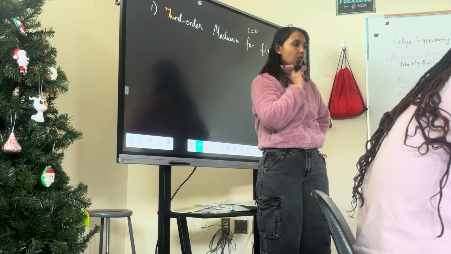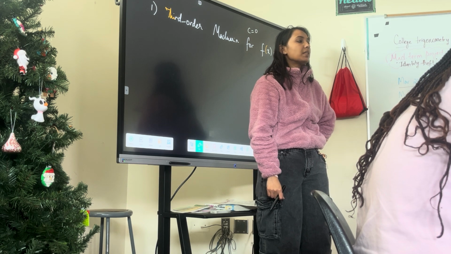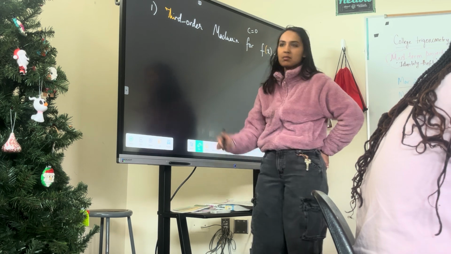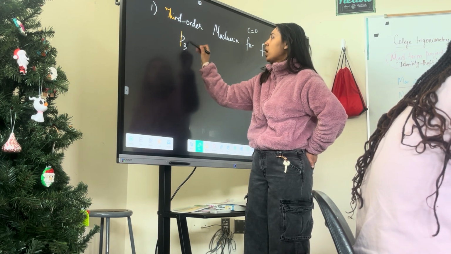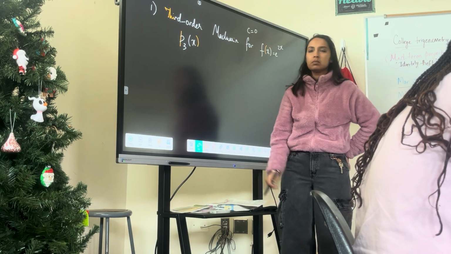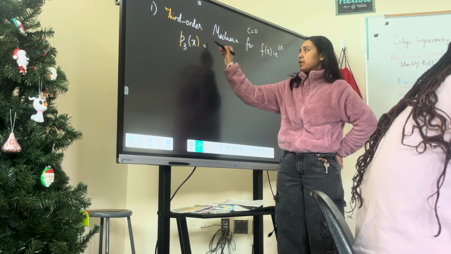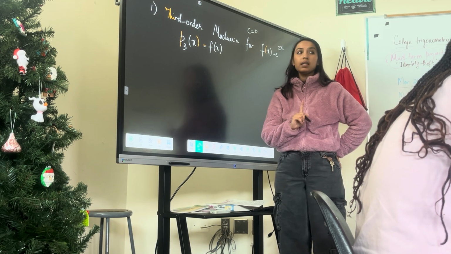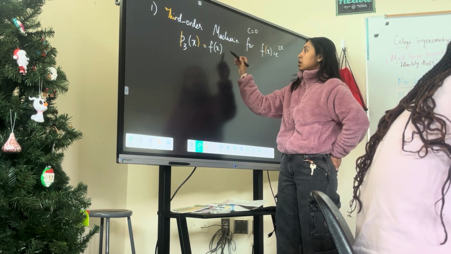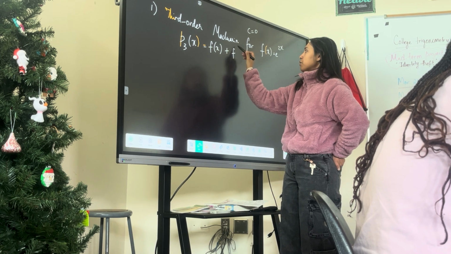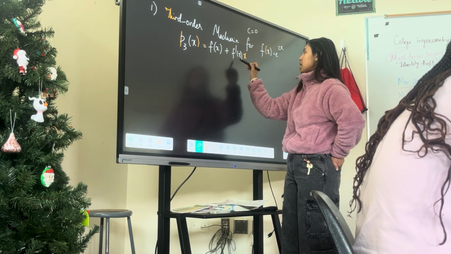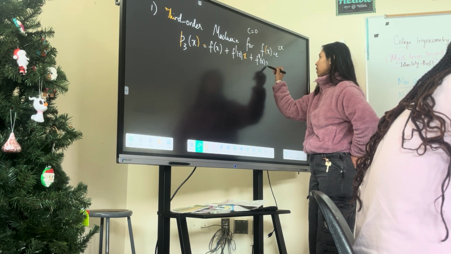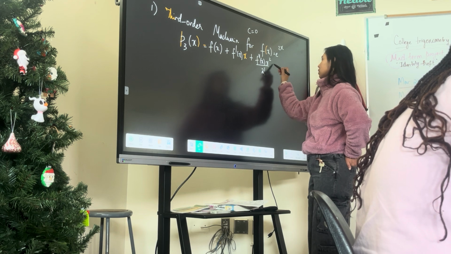Write it down. Every time you write down, your brain is actually thickening those synapses. We want the third degree polynomial. P3 of x equals f of 0, we are not plugging in 3 yet, plus f prime of 0 times x, plus f double prime of 0 times x squared over 2 factorial.